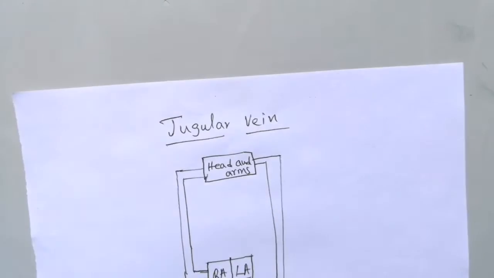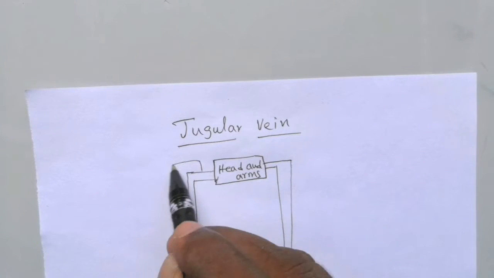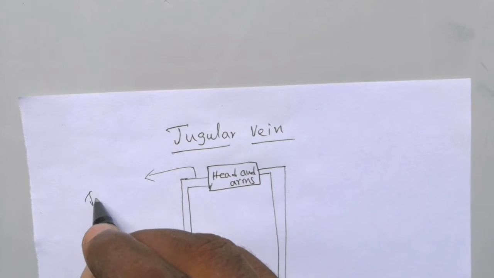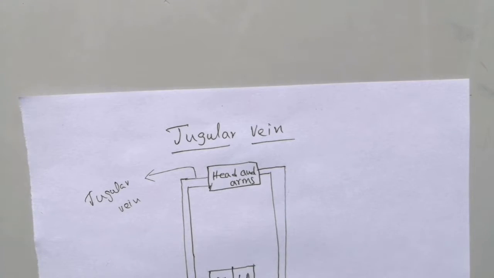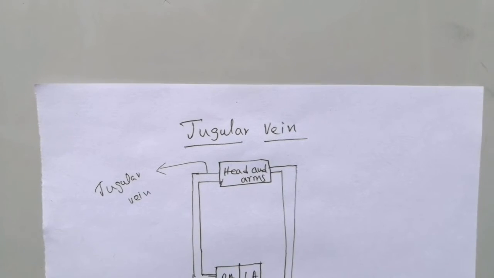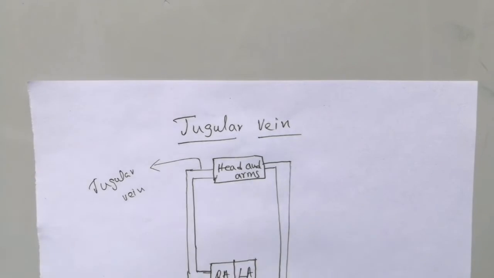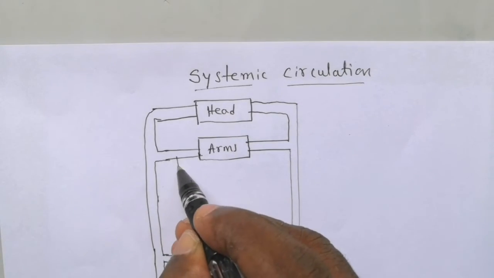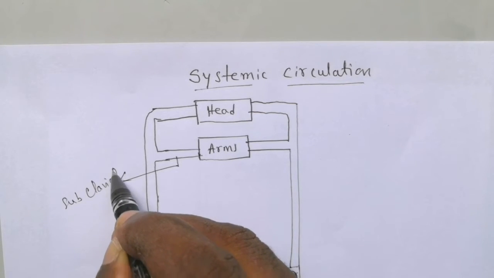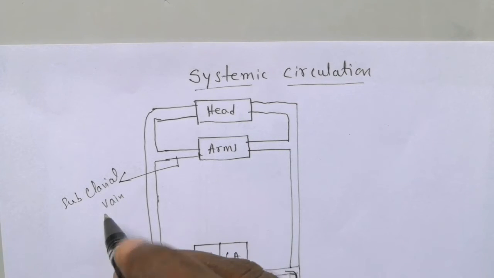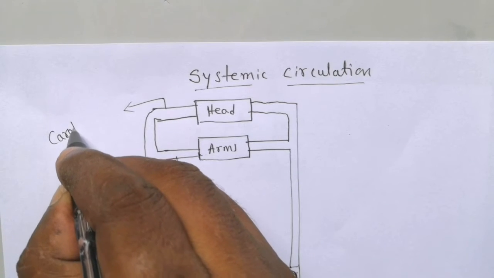Whereas when we are showing the blood coming out of the head and arms as a single unit, that is called as jugular vein. The jugular vein is a combination of subclavial vein and carotid vein. So we can say this is subclavial vein, then this is carotid vein.